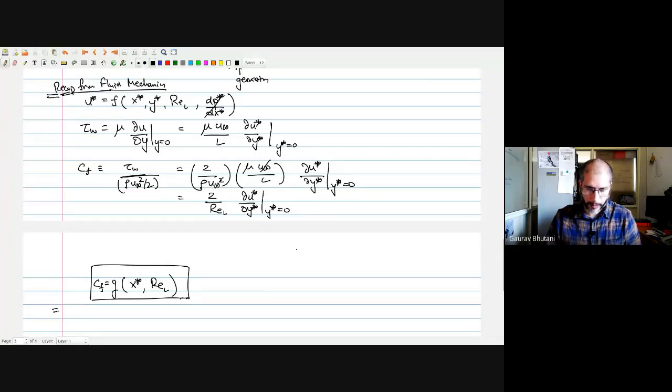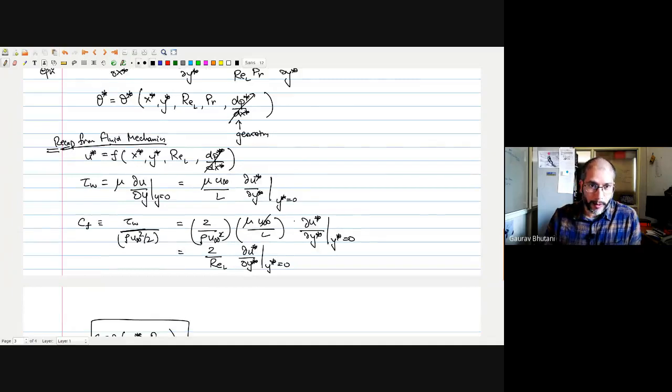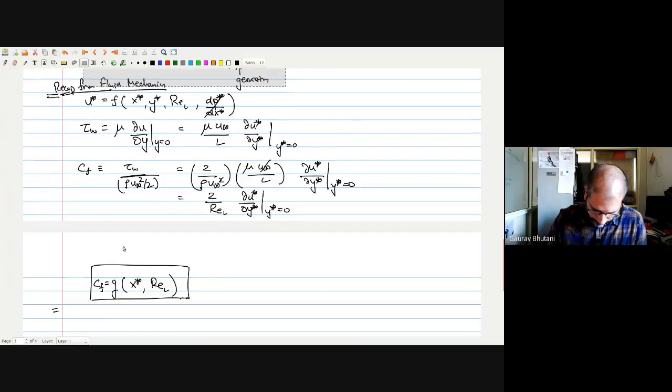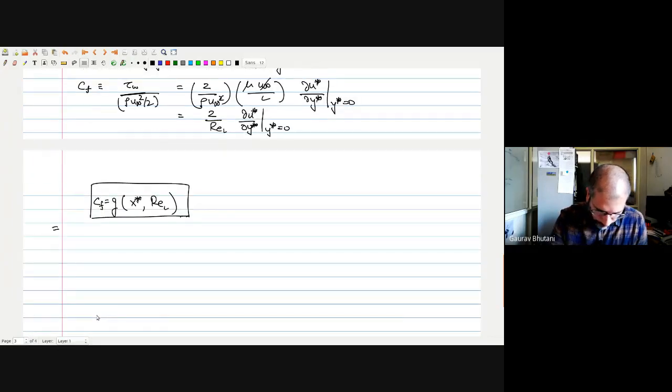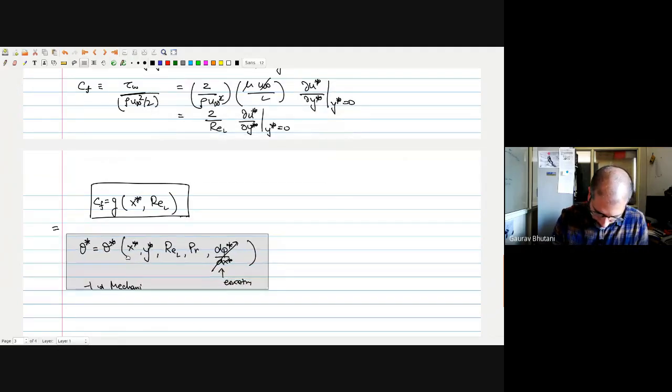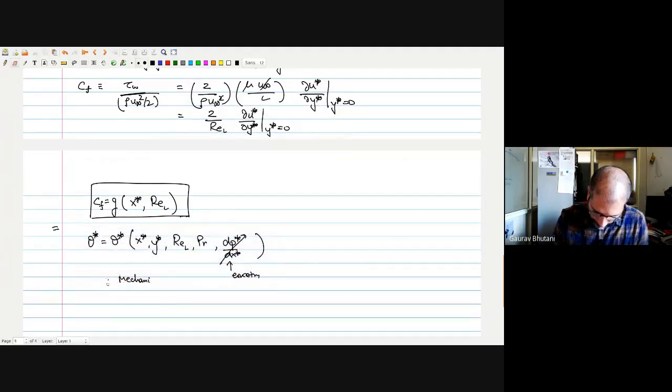So now that we've talked about the fluid mechanics, let's go back to heat transfer. So let's go back to the functional form for theta that we had derived. So I'll just copy this functional form. Okay.